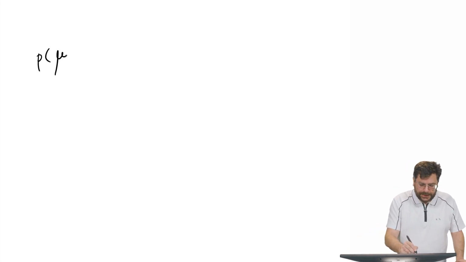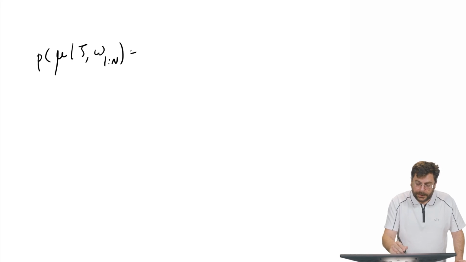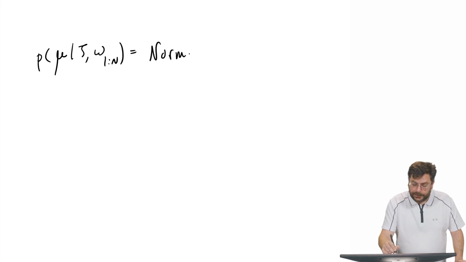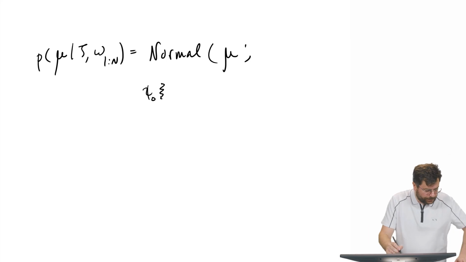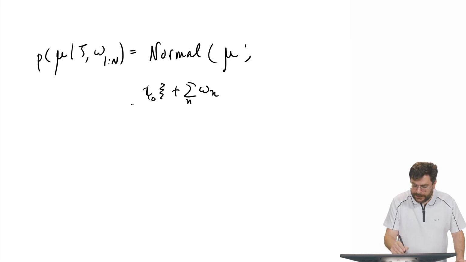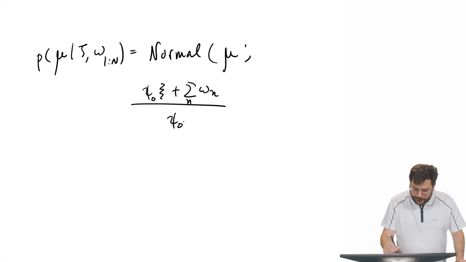So let's go ahead and write it out explicitly, just for posterity, but it's going to be a normal in mu. The mean, again obtained by this algebra, will look complicated, but in the end it's just algebra. It is this.